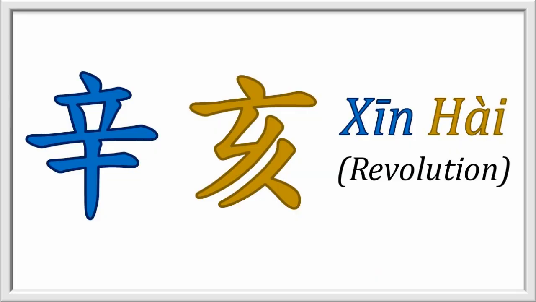An example of a historical event is the 辛亥 Revolution in the year 辛亥, otherwise known as 1911, which led to the overthrow of the Qing dynasty. If you recall, the character hai, another cyclical sign, was introduced as the phonetic element in the character ke in Lesson 51.